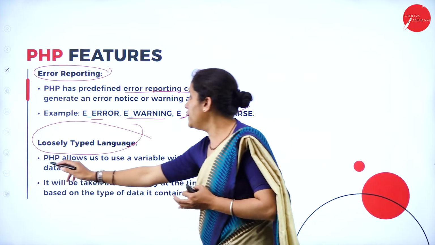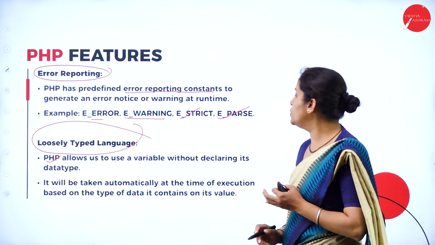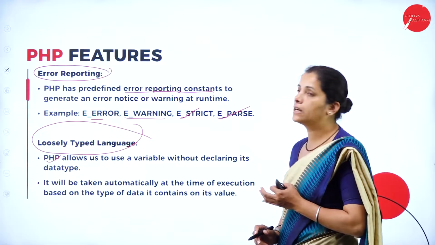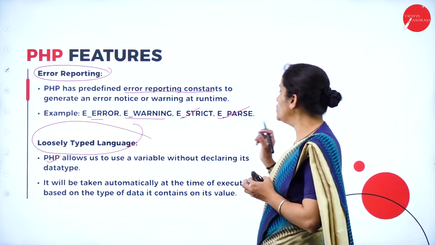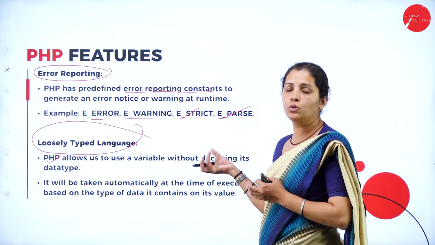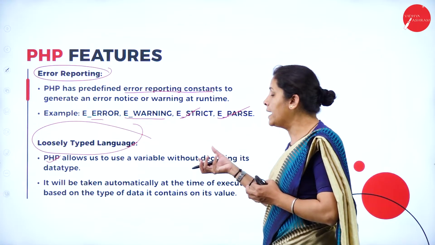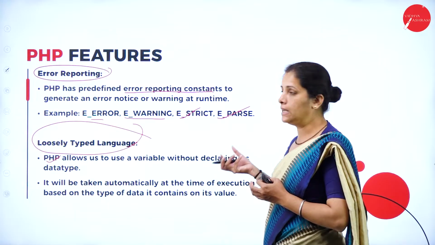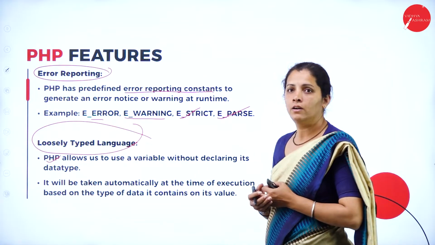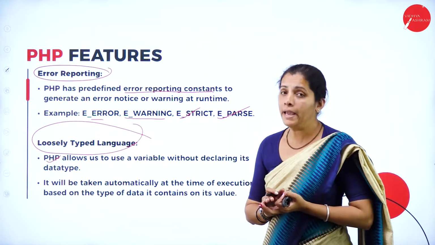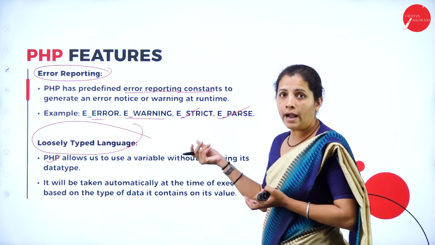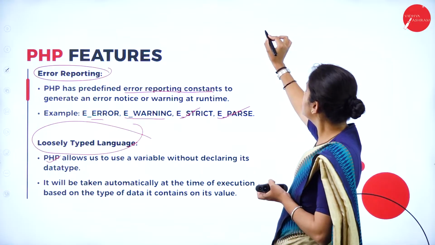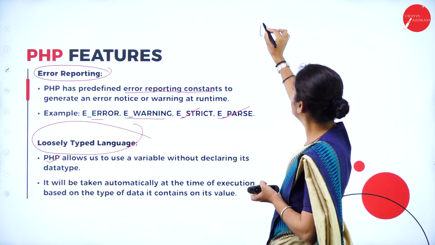See here, PHP allows us to use a variable without declaring its data type. In C, if I want to use a variable, what do I have to do? I have to define the type of the variable, that is nothing but the data type. But in PHP, I don't have to define the data type. See, if I consider a C program, how will I write?